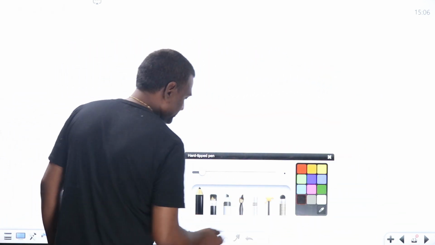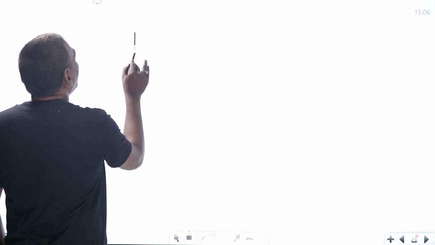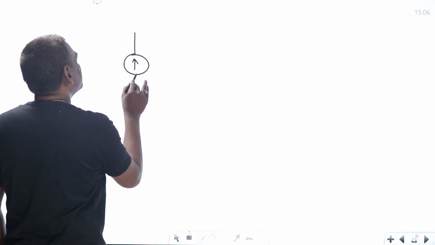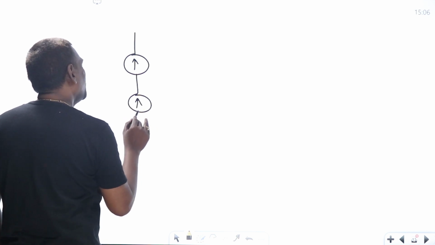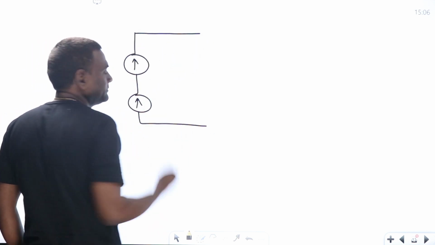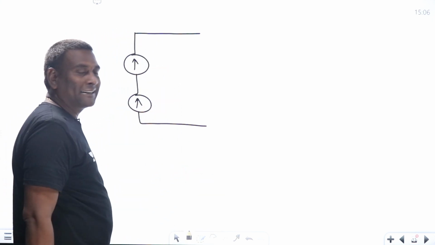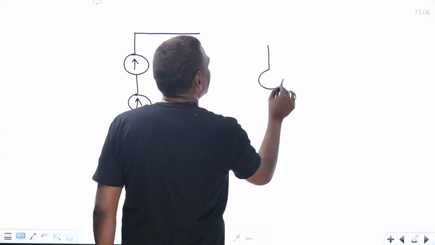Now let us think of two current sources connected in series or two voltage sources connected in parallel. Gradually we are entering into duality.